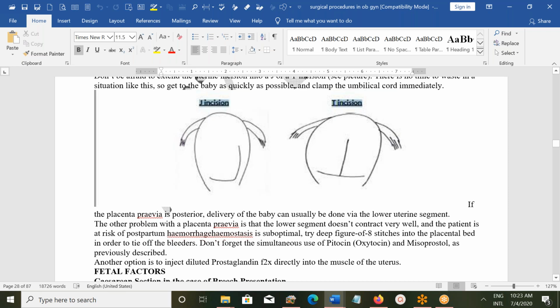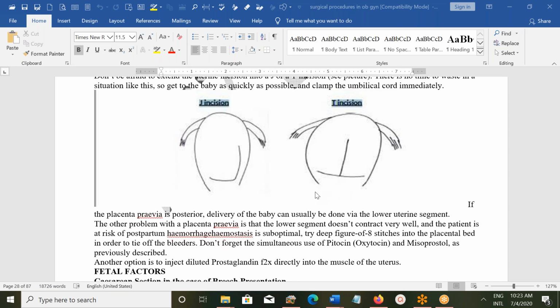When the placenta previa is posterior, delivery of the baby can usually be done via the lower uterine segment. The other problem with placenta previa is that the lower uterine segment doesn't contract very well, and the patient is at risk of postpartum hemorrhage if the hemostasis is suboptimal. My question is, to begin with, why will a person have placenta previa?